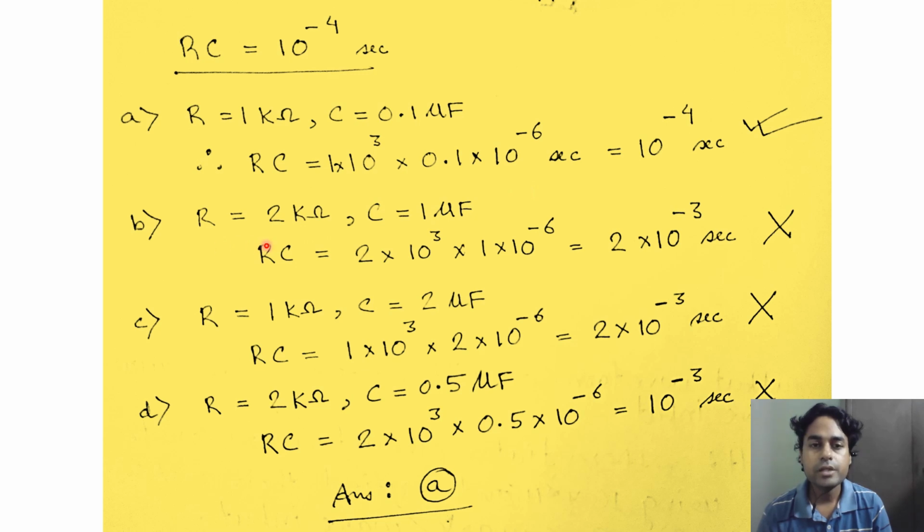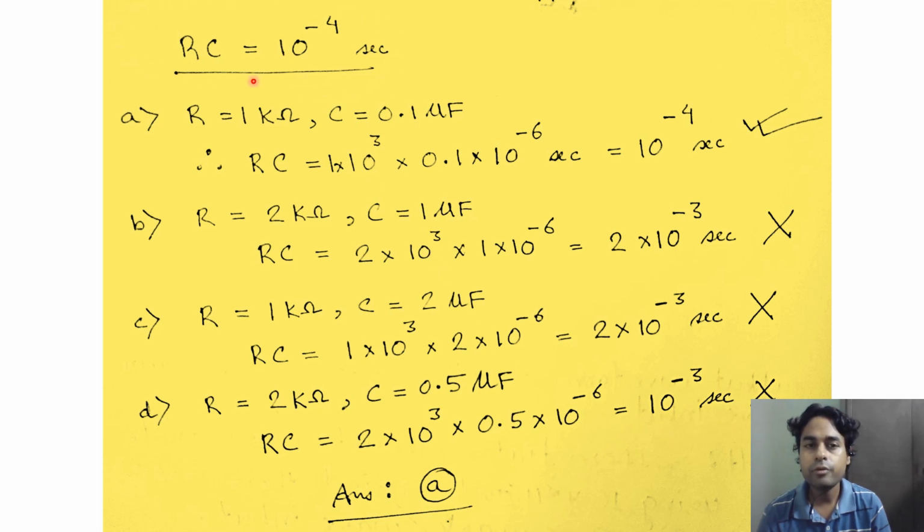The second option was R equal to 2 kilo ohms, C equal to 1 microfarad, and if we proceed with the multiplication, we find that this is not equal to 10^-4. If we look at option C, again this does not match the RC value provided in the problem, and with option D, RC turns out to be 10^-3 seconds, which is also not matching.